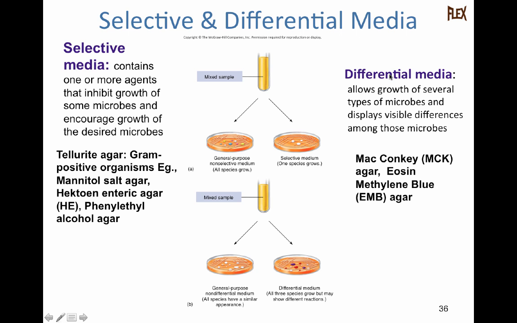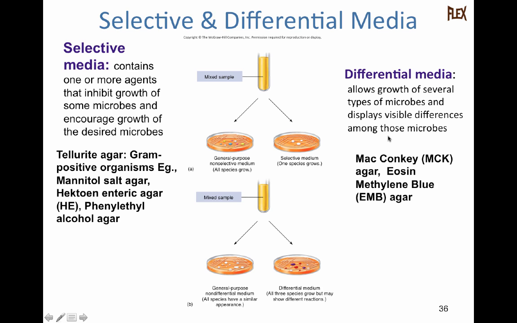For differential, this will allow multiple microbes to grow, but you can visibly see the differences among those microbes. It's similar to the differential stain, if you remember back to the gram and the acid fast, where if you have a mix of gram positive and gram negative, you could see the pink versus purple under the microscope.